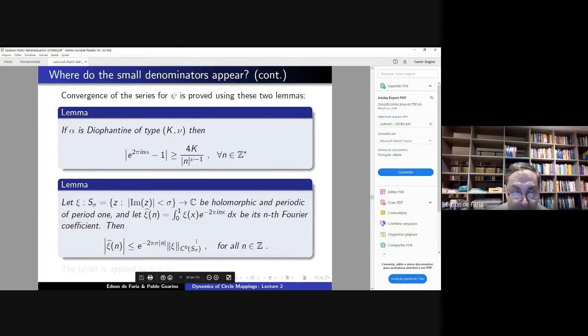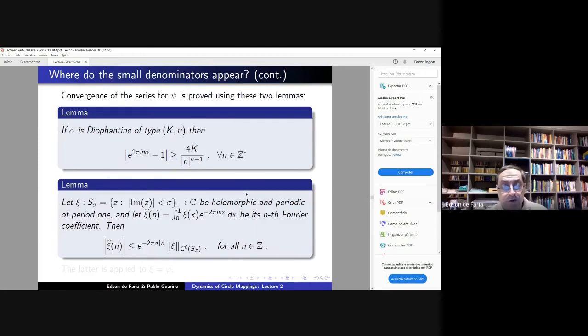So this exponential decay, e to the minus 2 pi sigma times the absolute value of n, beats this polynomial growth that you have, which is absolute value of n raised to the power nu minus 1. Okay, so with these estimates, you get convergence of the series on some strip.